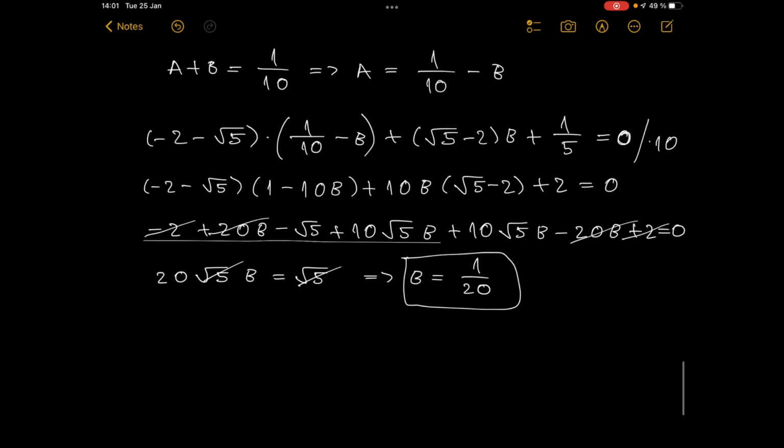And from here, that would also make a equal to 1 over 20.